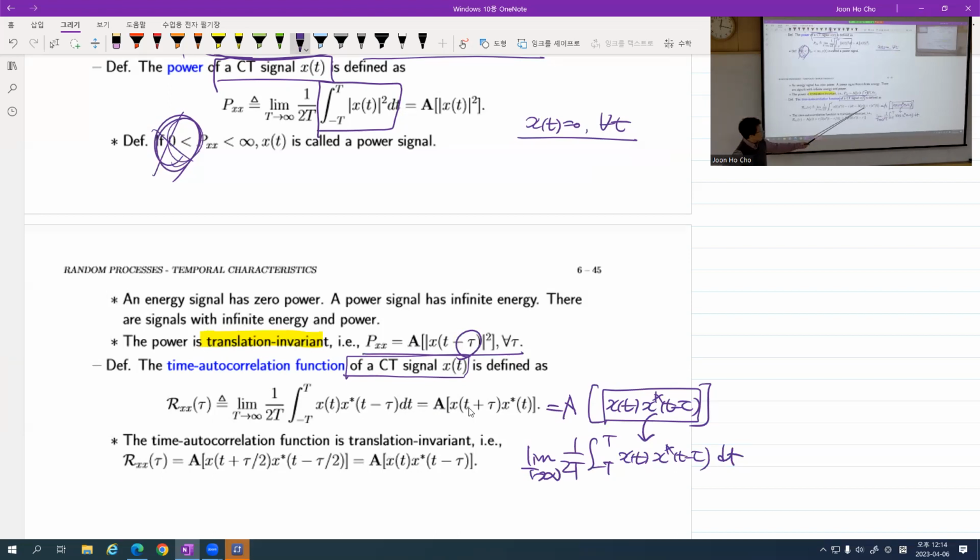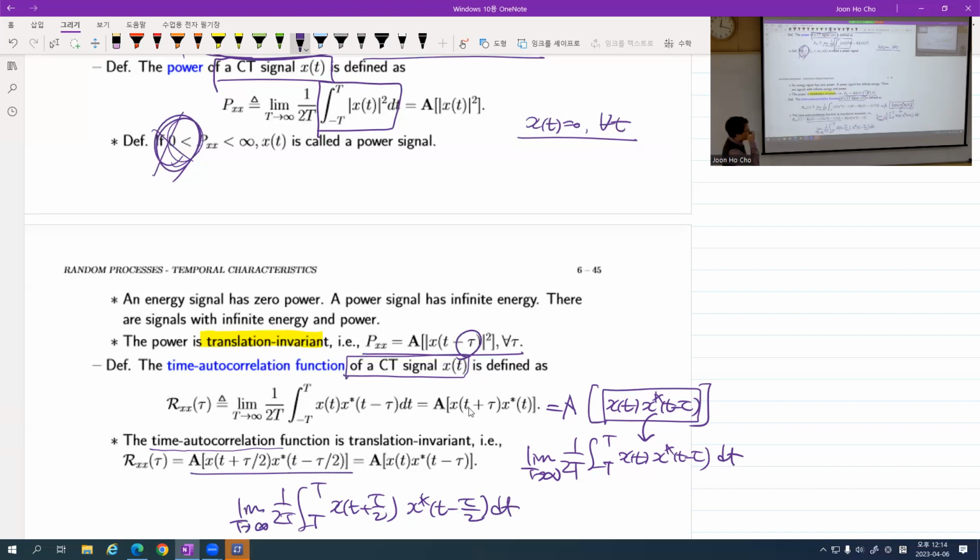What can you do? You may subtract 1/2 of tau, then it becomes like this, right? Sometimes people love time autocorrelation defined in this way: advance your signal by tau over 2 and delay your signal by tau over 2, take the conjugate, integrate with respect to t, and take capital T to infinity.